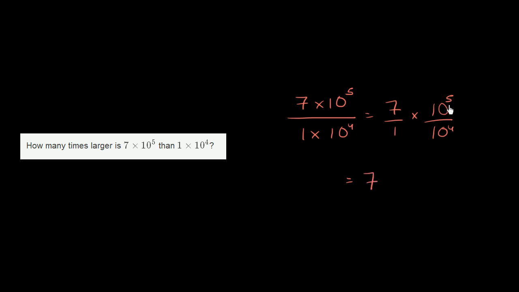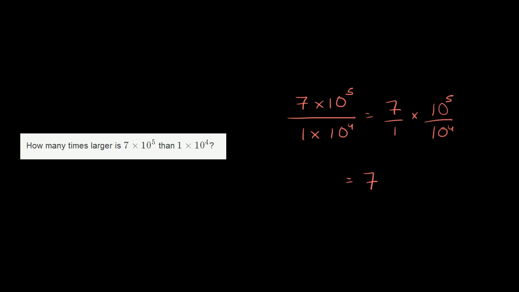And 10 to the 5th is multiplying 5 tens, and then you're dividing by 4 tens. So you're going to have 1 ten left over. Or, if you remember your exponent properties, this would be 10 to the 5 minus 4 power, or 10 to the first power.